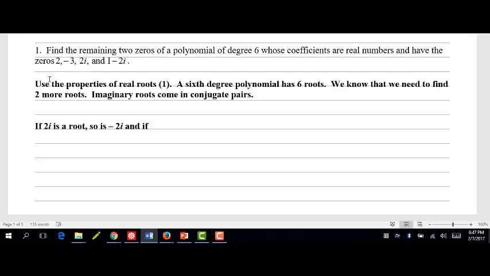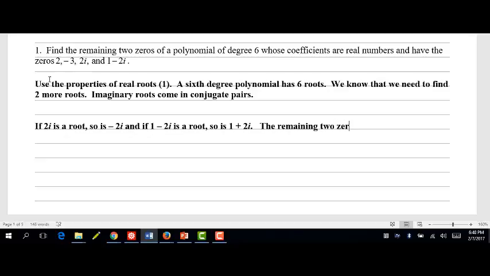And if 1 minus 2i is a root, so is 1 plus 2i. So that's what the second property of roots of polynomial equations tells us.